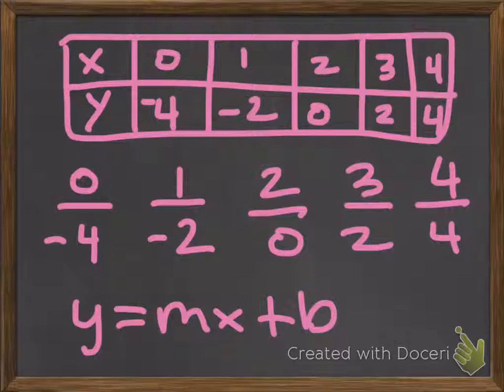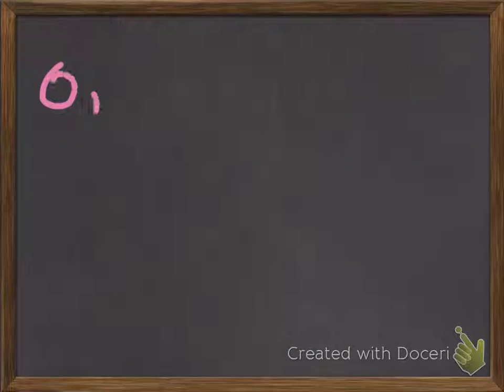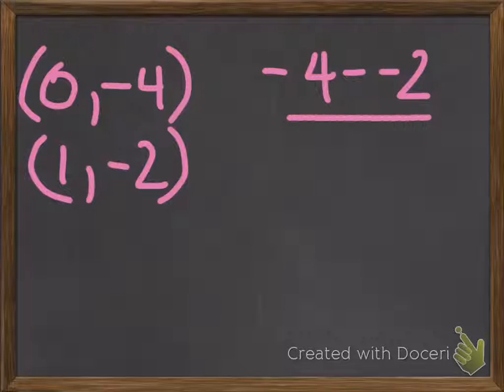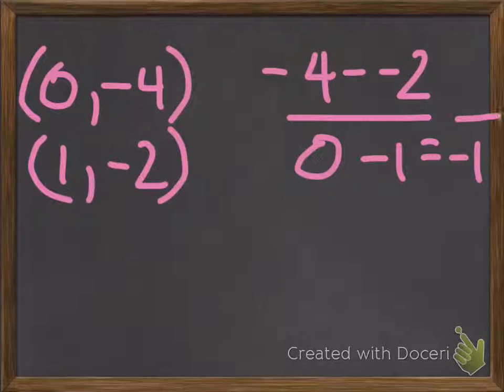So we need to find our slope, because either way you're going to find your slope first. Use 2 points consecutive, 0, -4, 1, -2, and subtract your y's over your x's. You get -2 over -1, which simplifies to 2 over 1 or just 2.